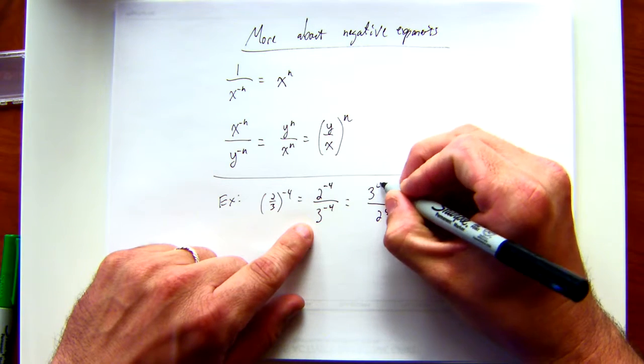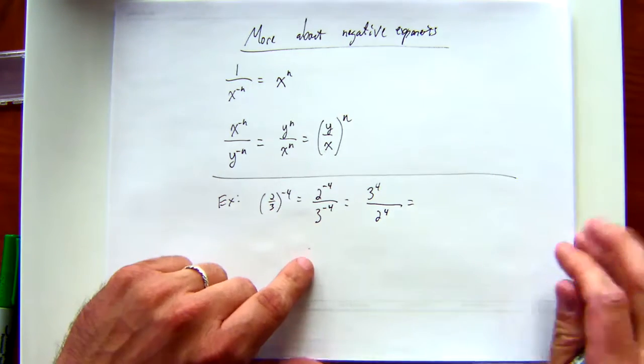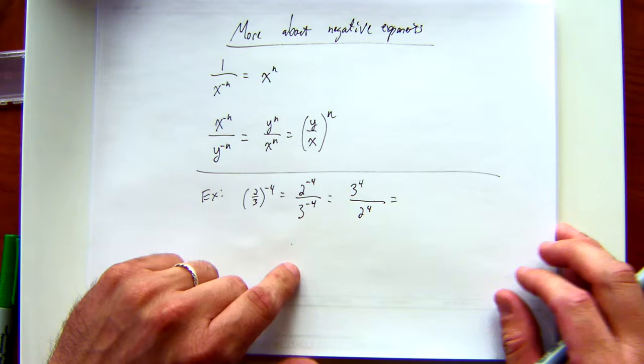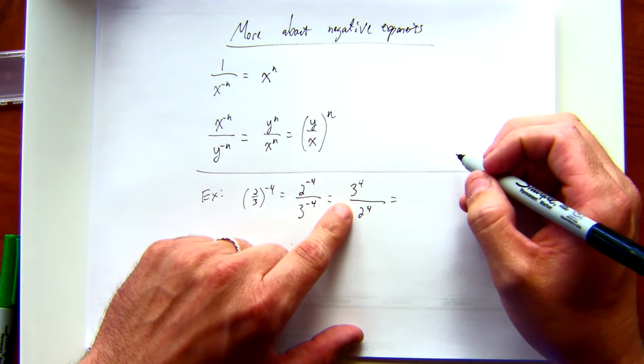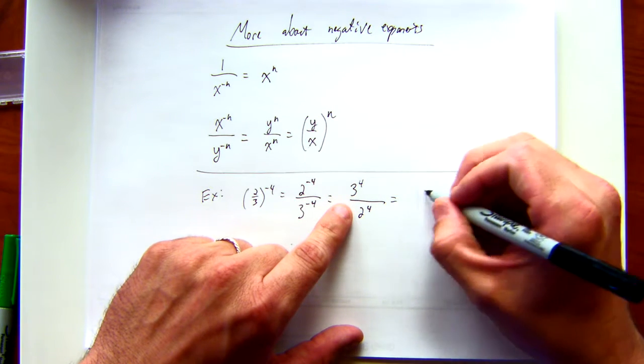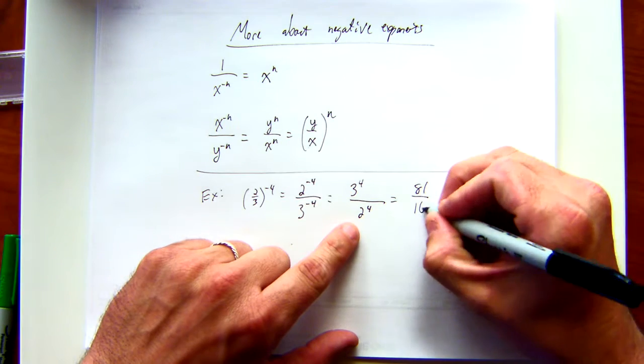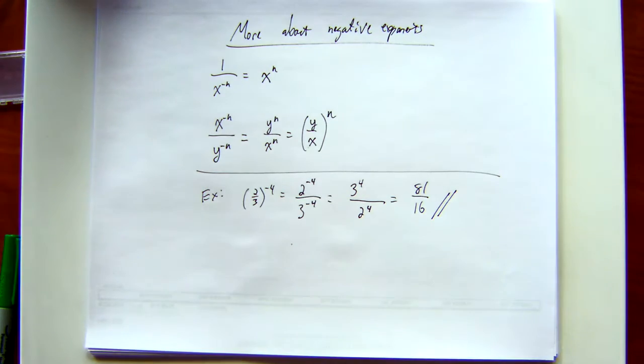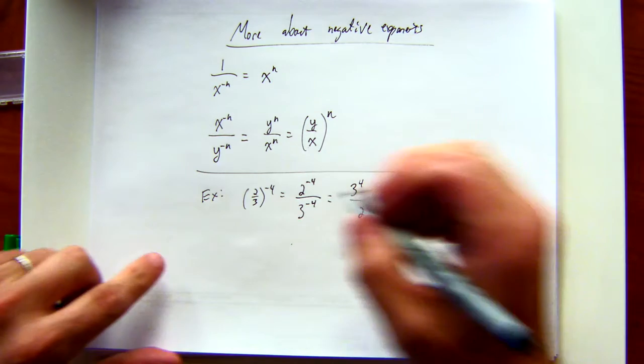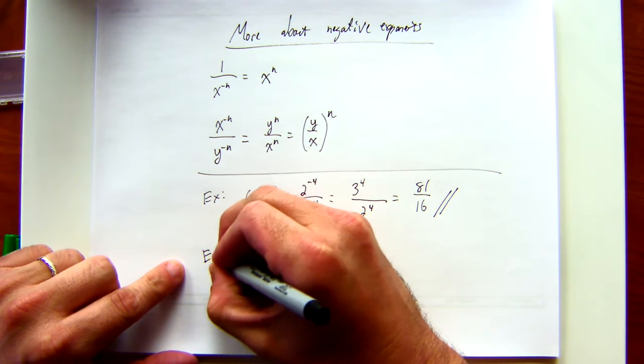So it's going to be 3 to the 4th. Now what is 3 to the 4th? 81. And then 2 to the 4th is 16. Another example.